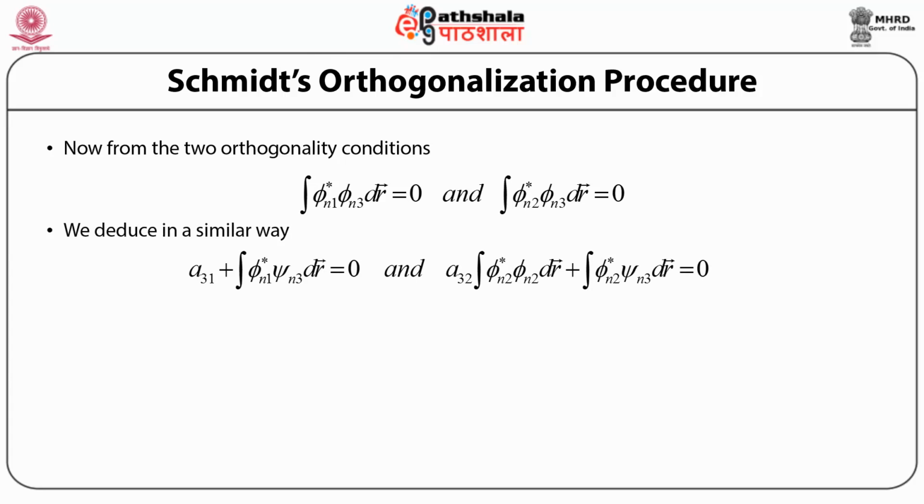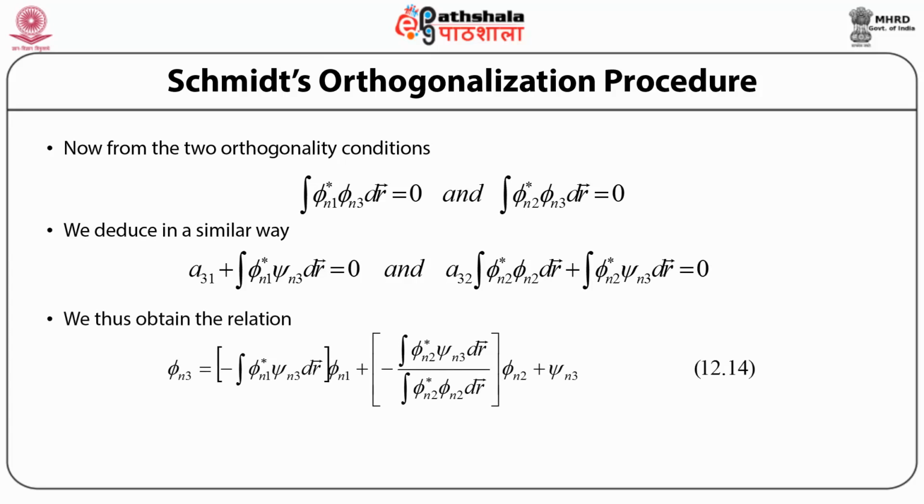we deduce in a similar way a31 plus integral of phi n1 star psi n3 dr is equal to 0 and a32 into integral of phi n2 star phi n2 dr plus integral of phi n2 star psi n3 dr equals 0.